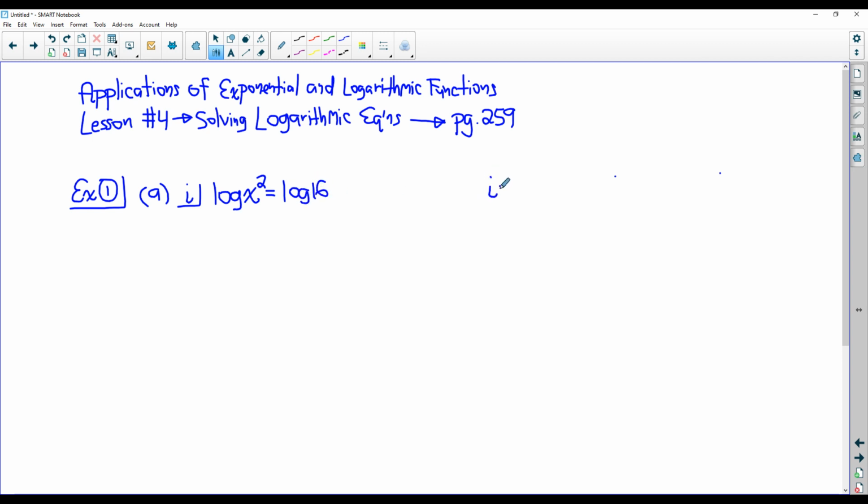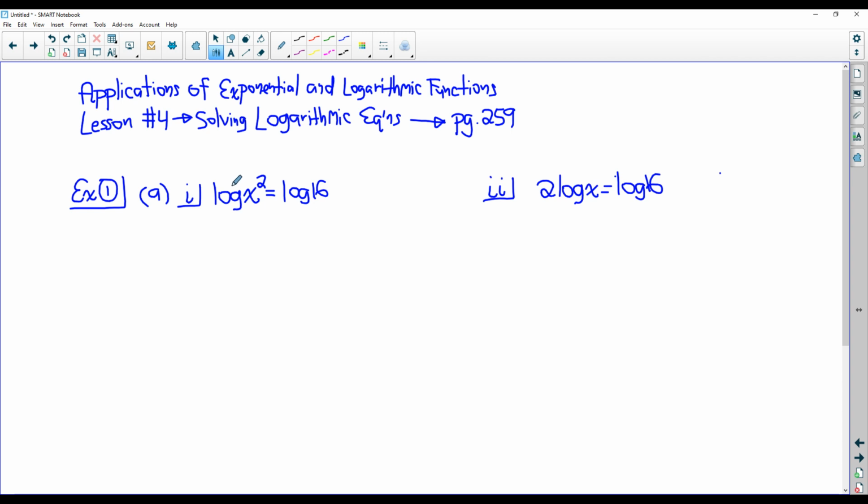Then we also have a second one, which is 2 log of x is equal to log of 16. Okay, let's start off with the first one here.